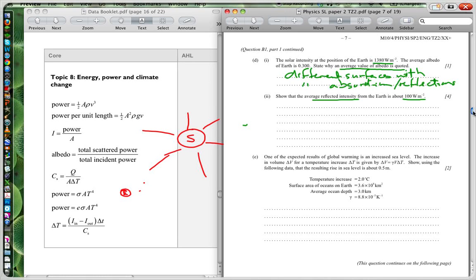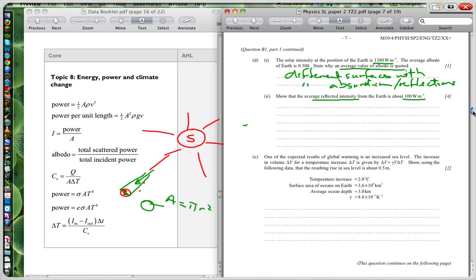Can you see that the light coming in will be this light here, and looking at it from this direction, the area that it's going onto is a circle, and that area is equal to pi r squared.